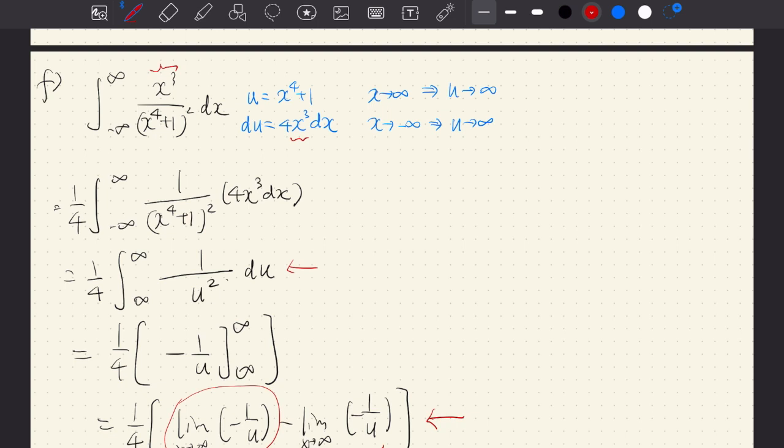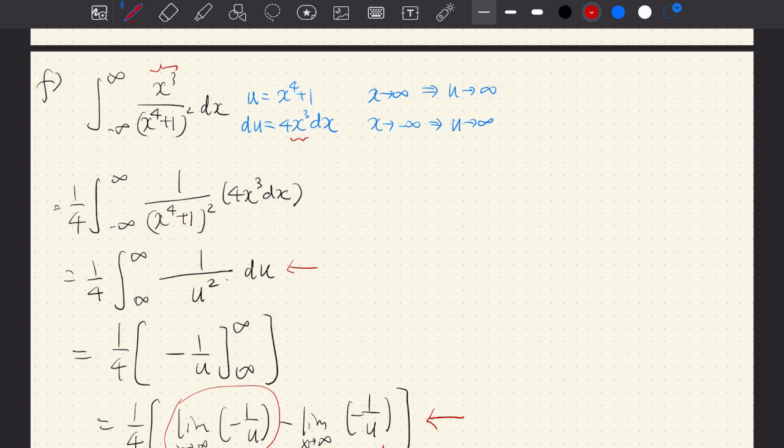Previously we said you can think of infinity as a number, but in the back of it, it is still doing limits. And when we do limits, you have to think of the possibility that the limit does not exist, or blows up to infinity or negative infinity.